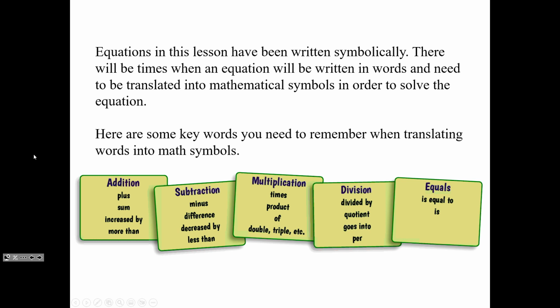When we see minus, difference, decrease by, less than, we know that means subtraction, right? Multiplication would be times, product of, double, triple. These are all keywords that you want to look out for. Division is divided by, quotient, goes into, or per, and equals is equal to, is, or you could even have equivalent. Okay?